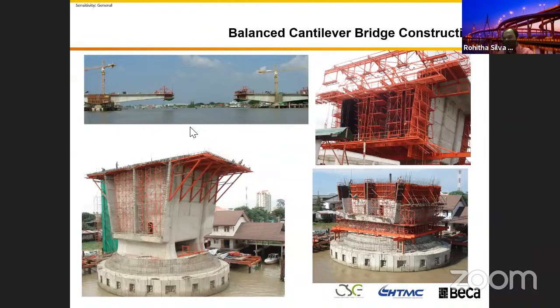When it's linked together, this bridge will be acting like a one-end simply supported, because the other approach span is connected with the approach bridge. It can be continuous as well. And your pier headstock here is continuous, and this is a continuous span bridge, but you construct them as a cantilever structure.